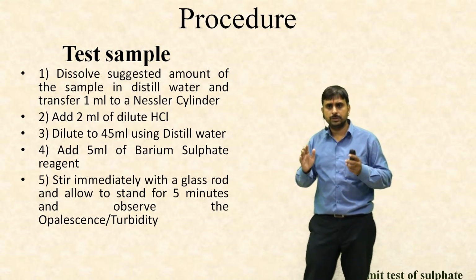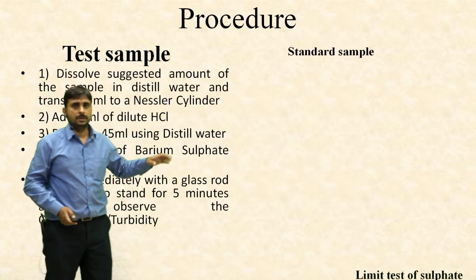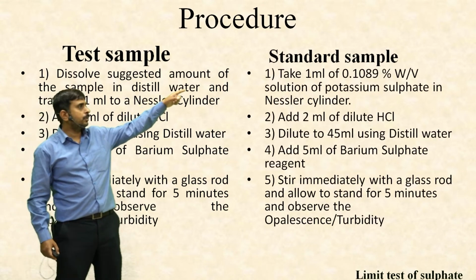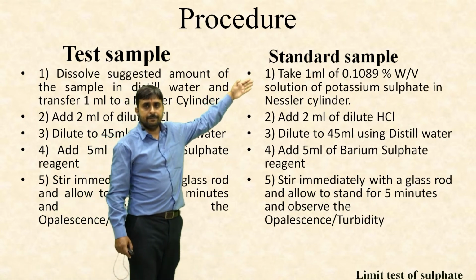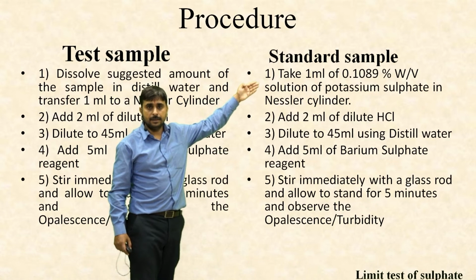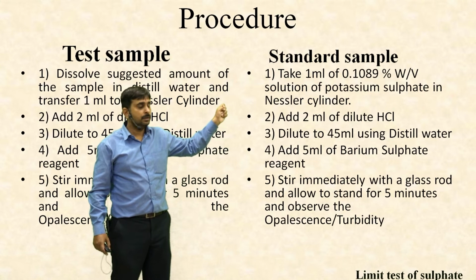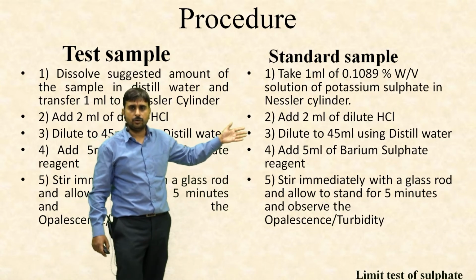Now we move towards the standard sample. For the standard sample, we take 0.1089 weight by volume solution of potassium sulfate in a Nessler cylinder and add 2 ml of dilute HCl. We add water to make up the solution to 45 ml, about 41 ml of water will be required.